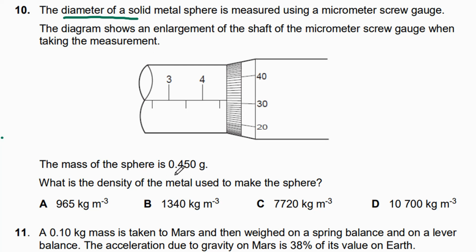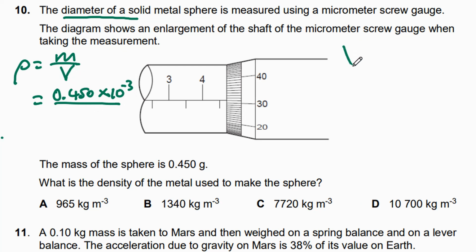We're also given the mass of the sphere, and we need to find the density. The formula for density is mass per unit volume. We're given the mass here, but we have to write this in kilograms. And we need to find the volume of the sphere.